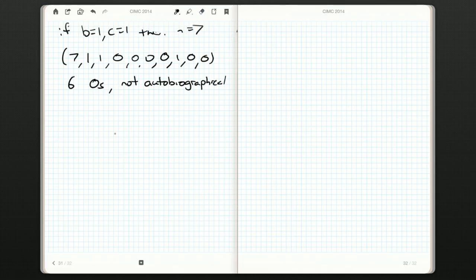So our last case was D equals 1. So if D equals 1, A will equal 8 because we need to have A plus B all the way up to J equal to 10. We have H is 1, D is 1, everything else will have to be 0. A will be 8.